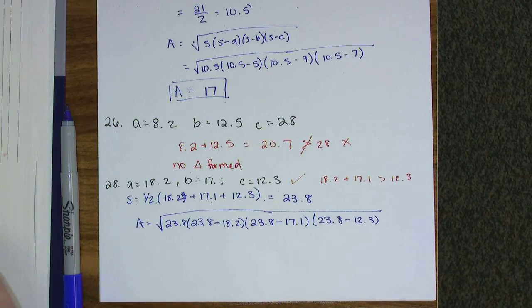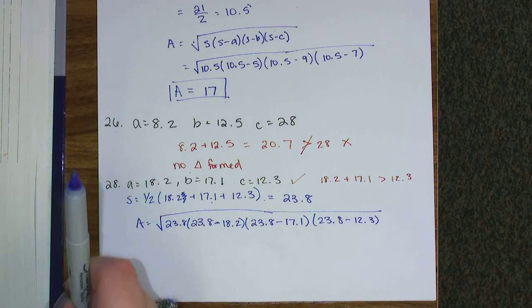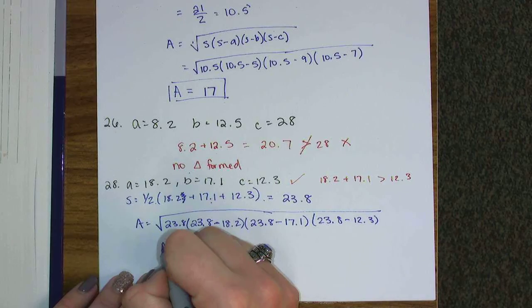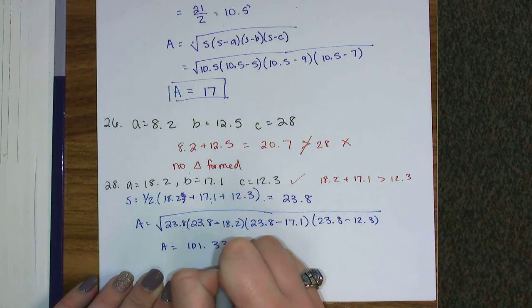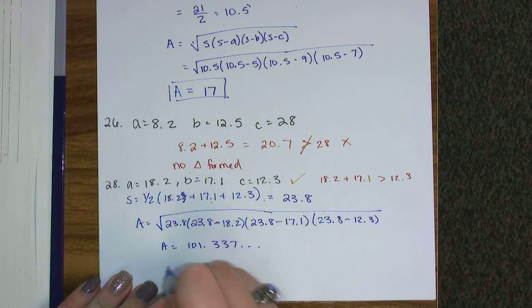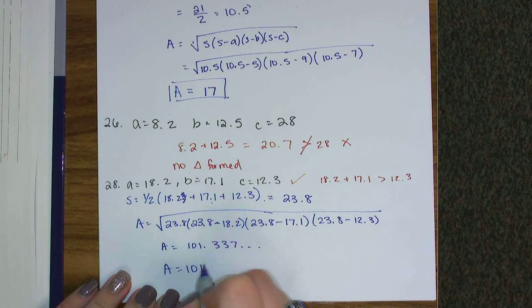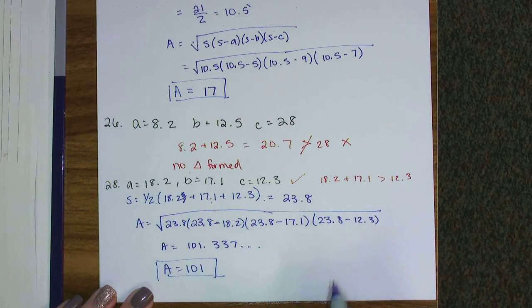So it comes out to be, you do it in your calculator, so I get that A is 101.337 and so on, so rounding, area is equal to 101, and that's all there because there's no units.